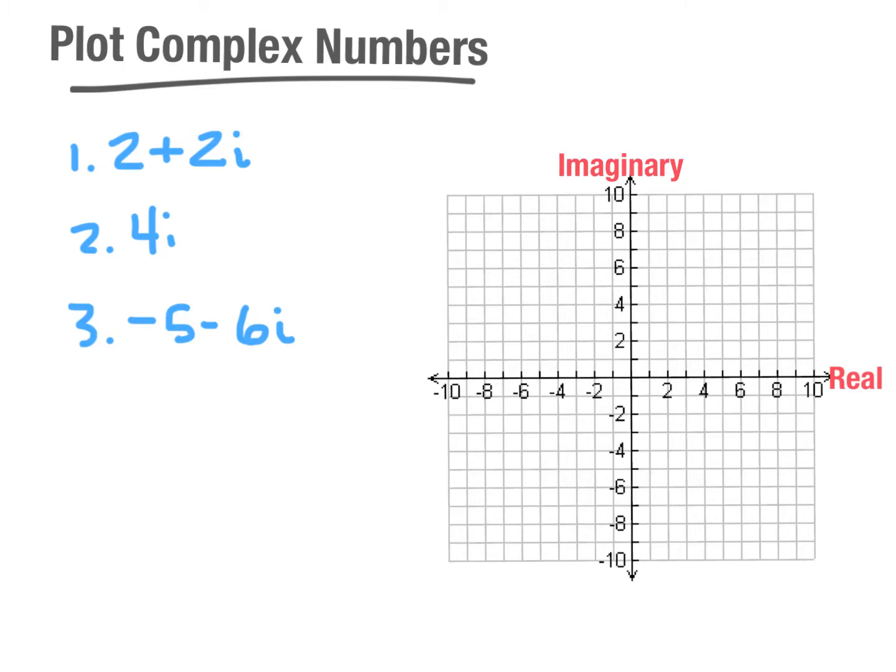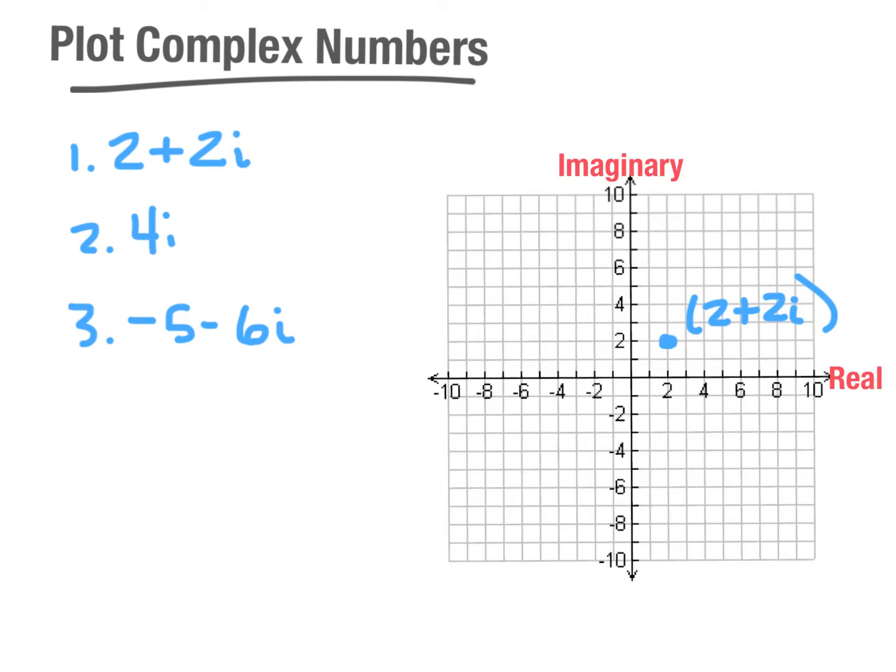But we're not going to worry about that kind of stuff right now. So let's go through and plot these. 2 plus 2i. 2 is my real, 2i is my imaginary. So I'm going to go positive 2 in the real, positive 2i in the imaginary. That would take me to here. This point is 2 plus 2i.